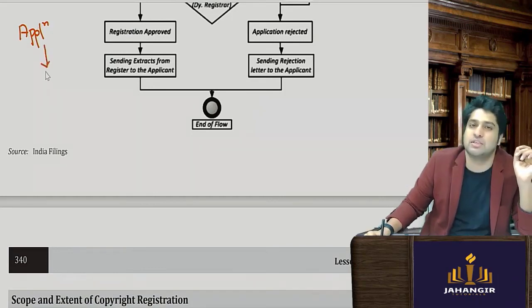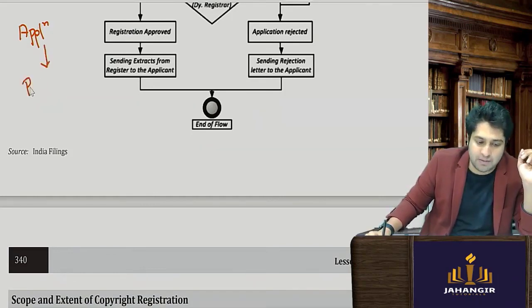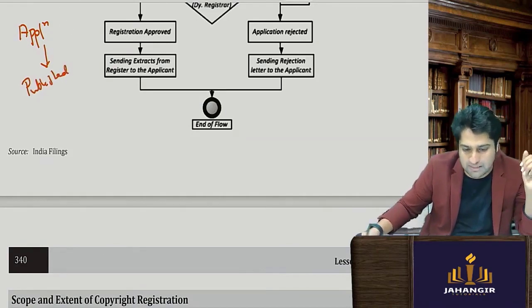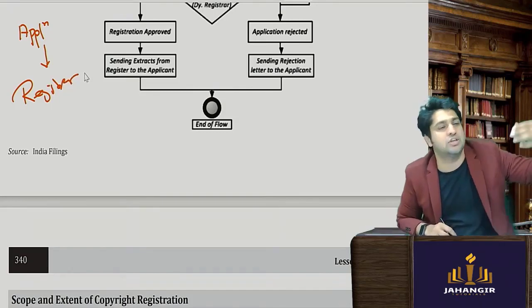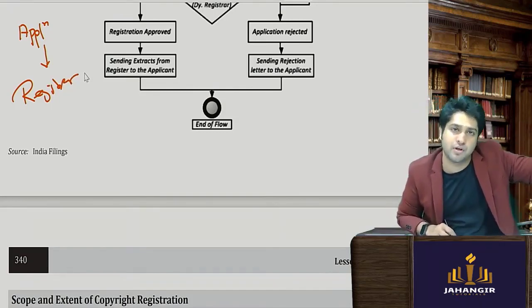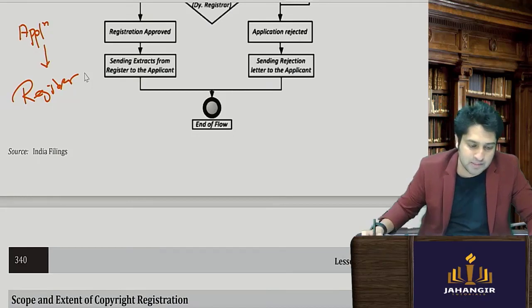Once the application has been given, then it will be published. The application will be given to the registrar. Given to whom? To the registrar. So registrar of copyrights, registrar of trademarks, registrar of patents. It will be given to them.